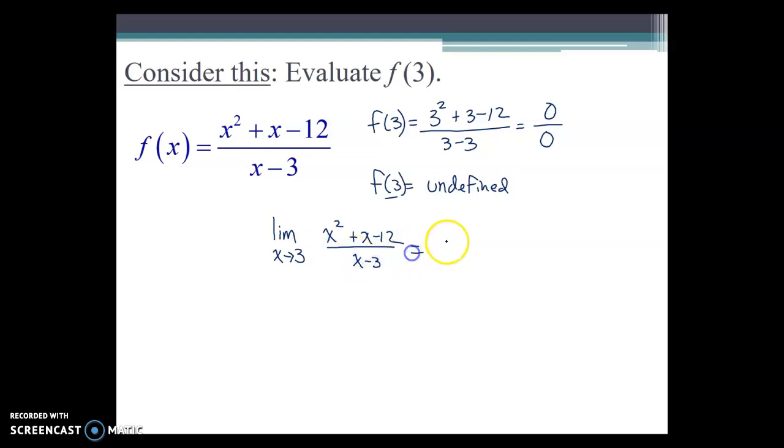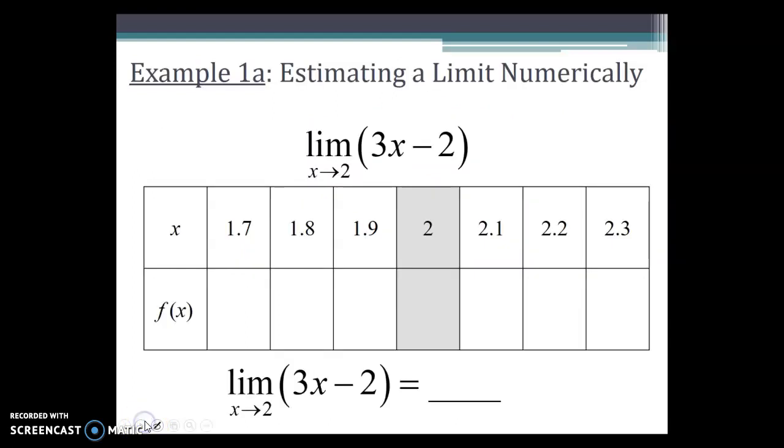And that limit is 7. By the end of this video, I would hope that you understand why the limit of this function as x approaches 3 is 7, even though the function is undefined at 3. So let's dive into that a little bit and figure out what's going on.